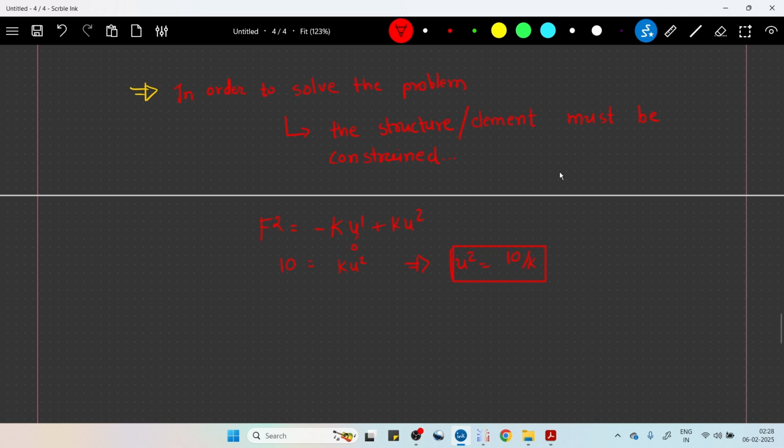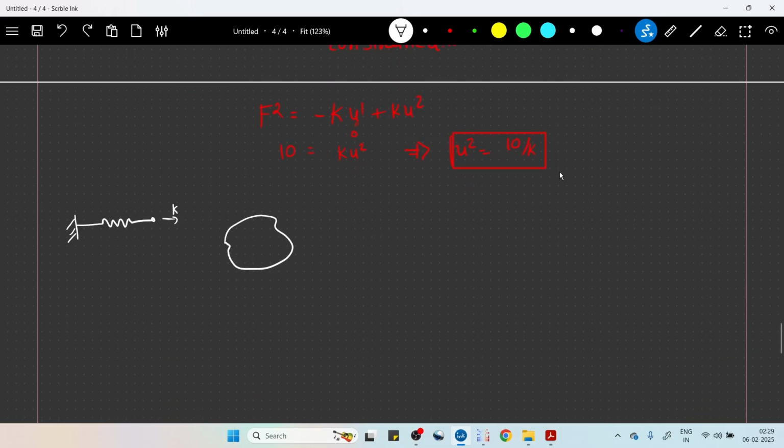So what I'm trying to say here is, since we are talking about just a single element, but if we talk about any random structure, and if you apply some force at some region, we don't get any solution.